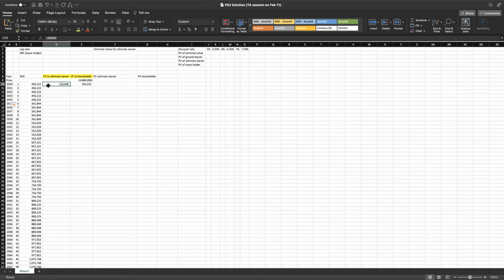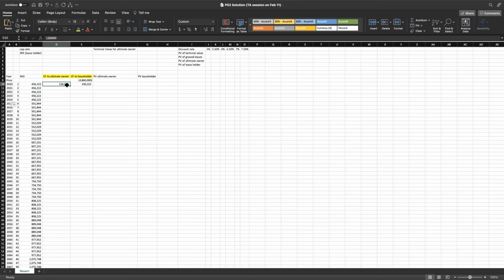And since the ultimate owner will get the ground lease payment, some of you might have missed some assumptions in the brochure. The ground lease payment does not grow at 10% at the beginning.